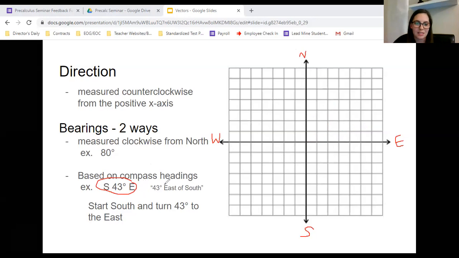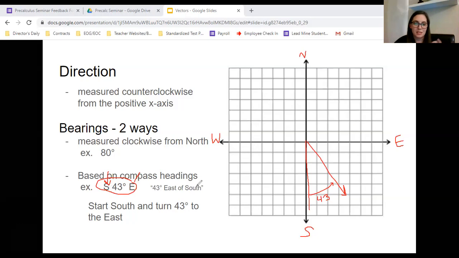And really what that means is that we're going to start with our first direction here. We're going to go south, and then we're going to go east by 43 degrees. All right, so this would be 43 degrees east of south.